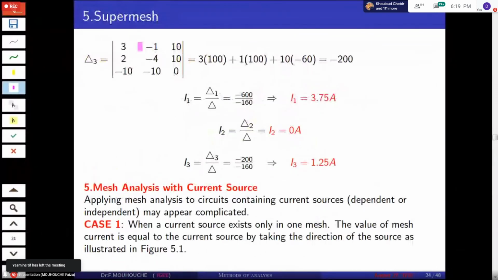And the third one, delete the third column and replace it by the constants here. So I1 equals delta 1 over the common determinant, I2 equals delta 2 over the common determinant, and I3 equals delta 3 over the common determinant.